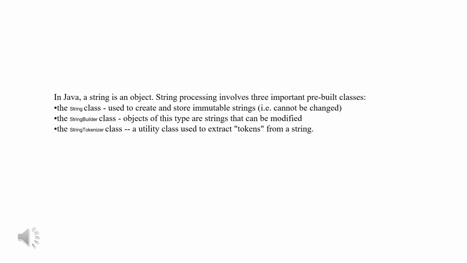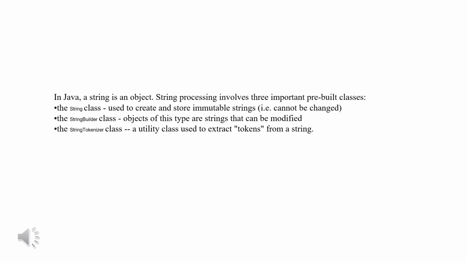Here you can see three of these classes. The first one is the String class. This class is used to create and store immutable strings. What it means by immutable strings is that this type of string cannot be changed.